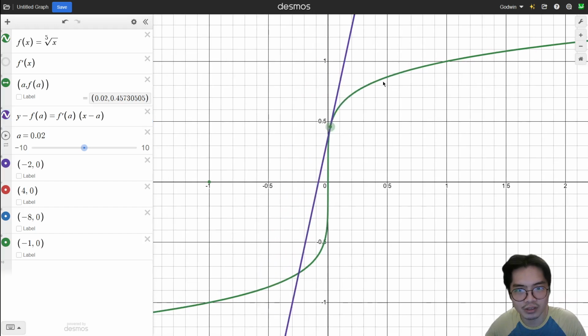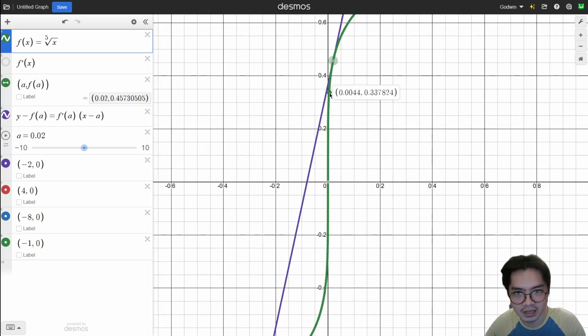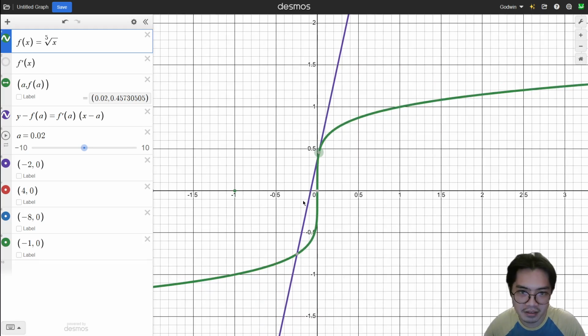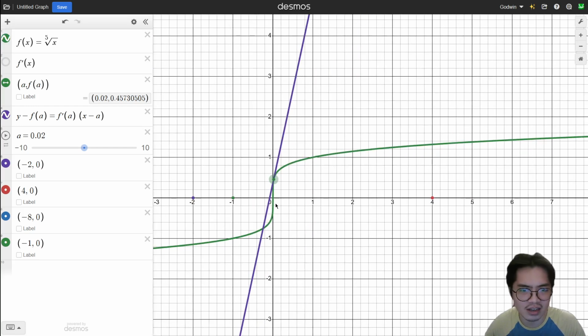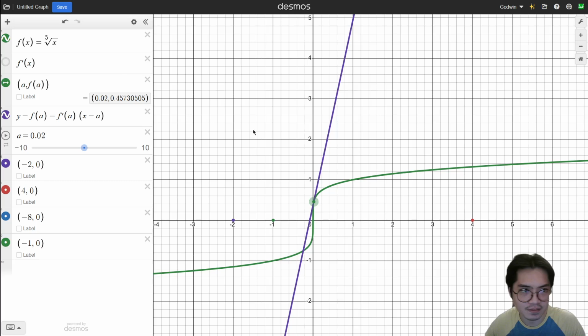But hopefully you notice that it gets very, very sketchy in here, especially. Notice that this becomes more of a straight line the closer and closer you get to zero. So maybe the Newton-Raphson method just doesn't like this kind of progression. So there you go. It's not going to do well in these kinds of scenarios.